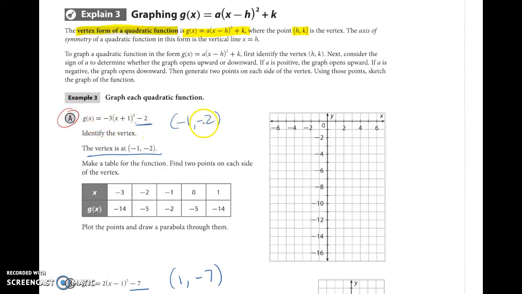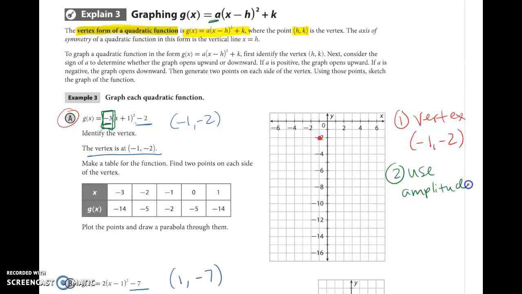So the first thing I would do is identify my vertex. You need your vertex first. And we just found our vertex to be negative 1, negative 2. So let's plot that. Negative 1, negative 2. And now your amplitude, that a in front, is like slope. It's not quite slope, though. So I'm going to say use your amplitude.